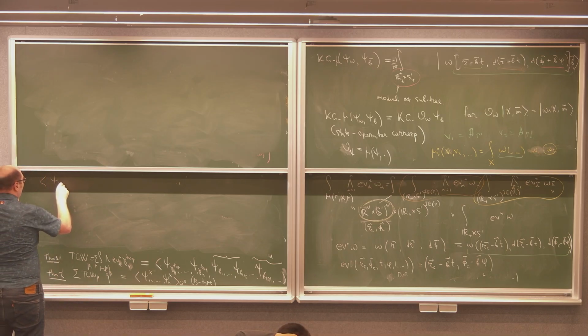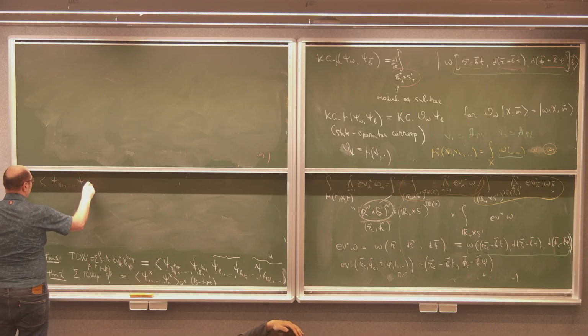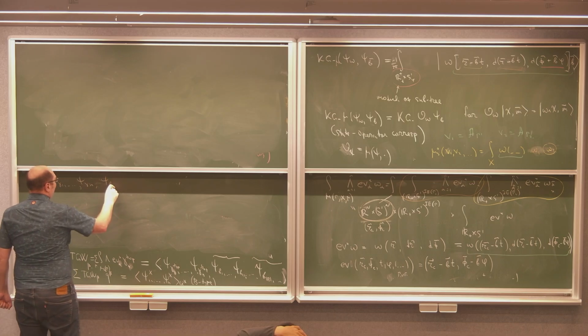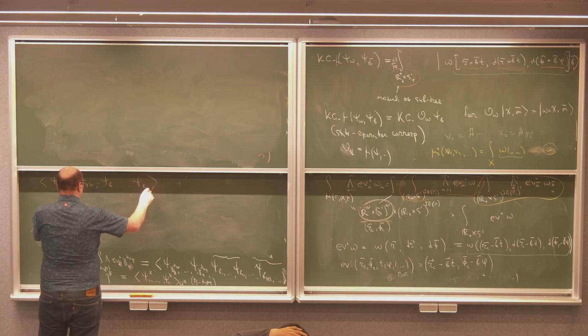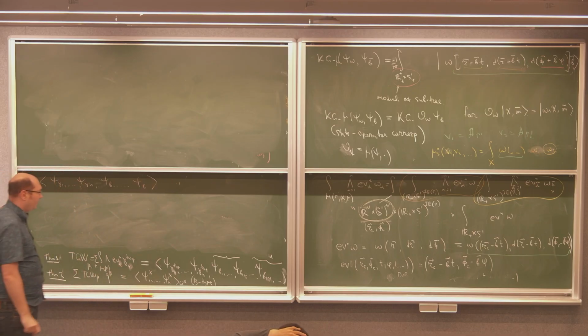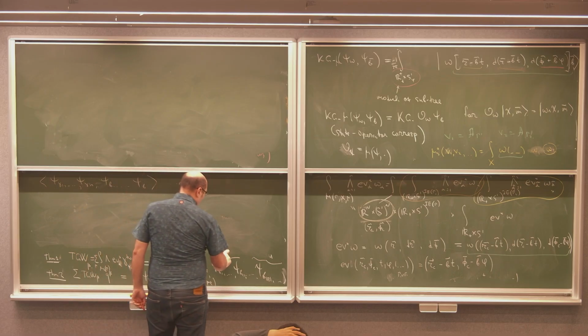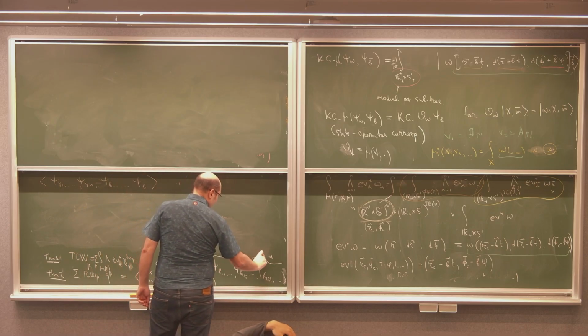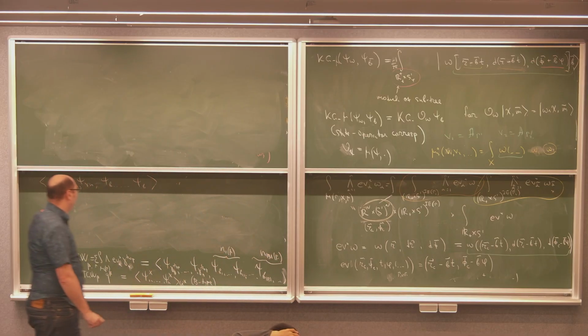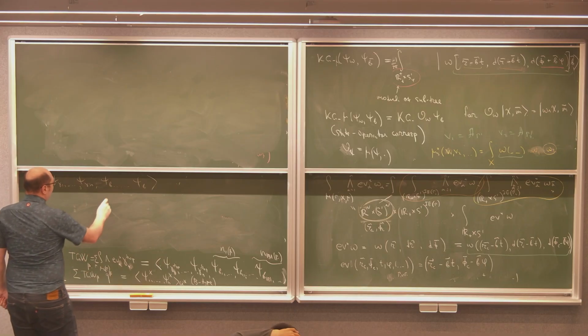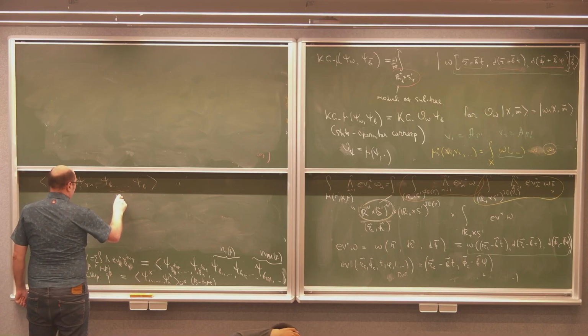So we have psi gammas and some collection of psi b's. And these psi b's, their number is fixed by the first class of our curve.